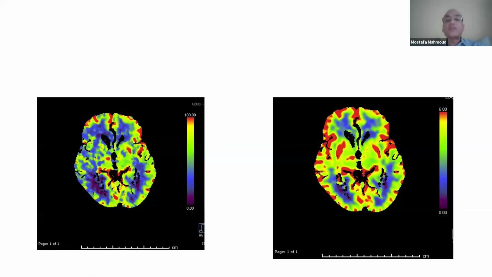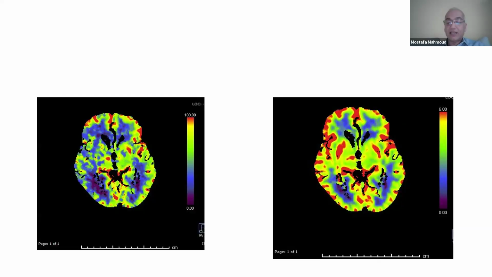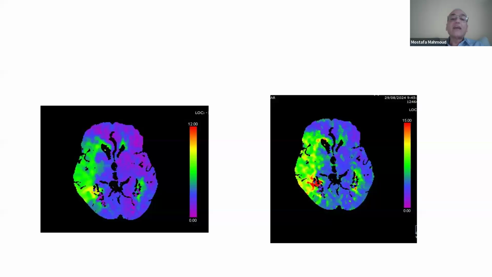This discrepancy will always point to a chronic occlusion. When you find a discrepancy between the Tmax, like that, and the CBF, which is a very light affection, nearly normal CBV, and highly affected Tmax and time to drain, this will point towards a chronic occlusion.